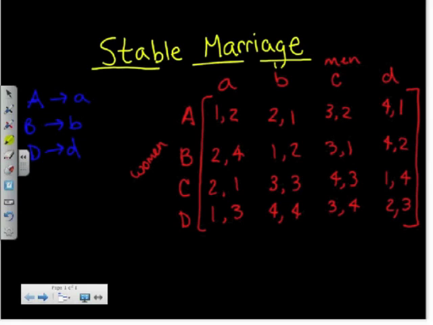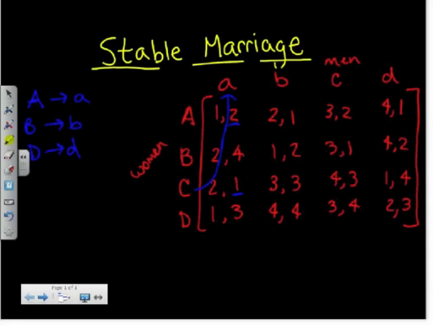Then we're going to go on to the step which says to repeat again with the woman that has been rejected. Since C has now been rejected, she's going to propose to the next man she hasn't been rejected from. So she is going to propose to the man that she ranked second, which is lowercase a. Now we look at a, and we see he is currently tentatively engaged to A, and he ranked A as 2 and ranked C as 1.